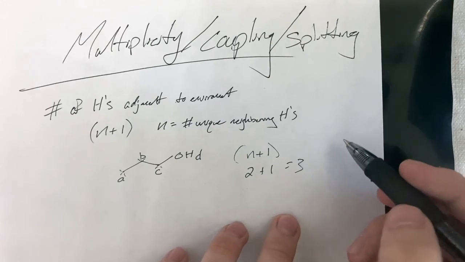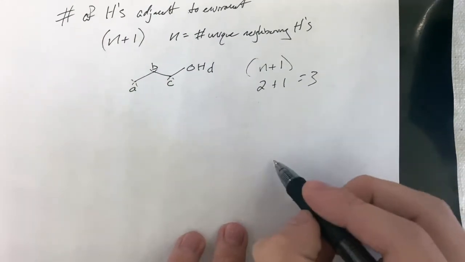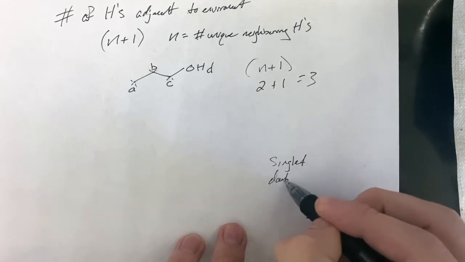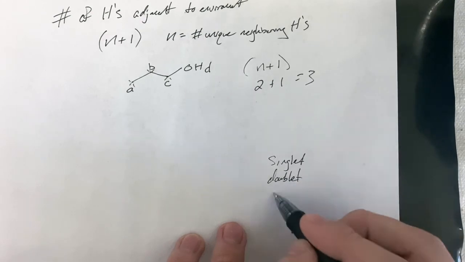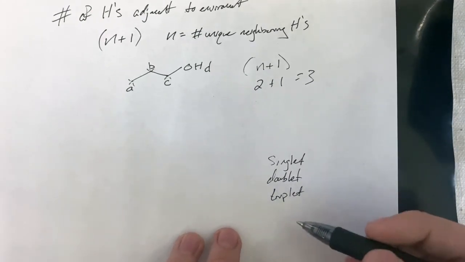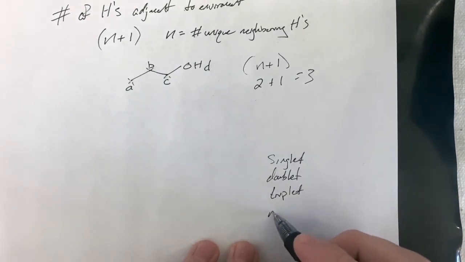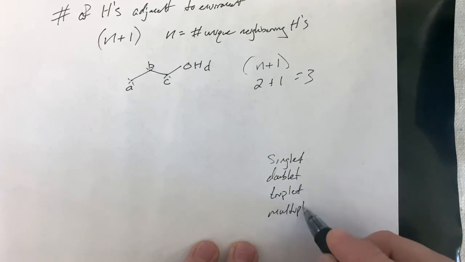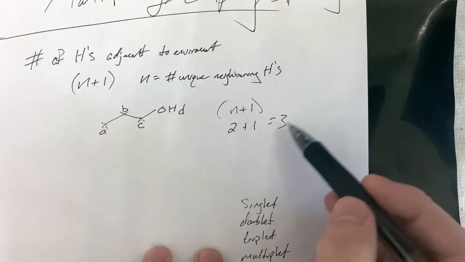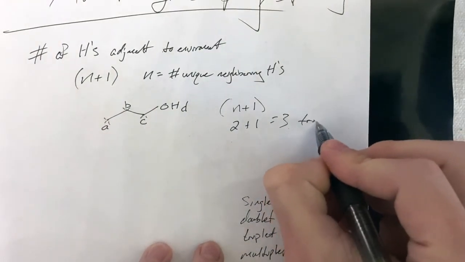So what you're going to find is that we have terms called singlet, doublet, triplet, and you're going to get into higher order things in Orgo 2, but higher than triplet, you're really just going to say multiplet for now. So if you have a multiplicity of 3, intuitively that must mean it's a triplet.